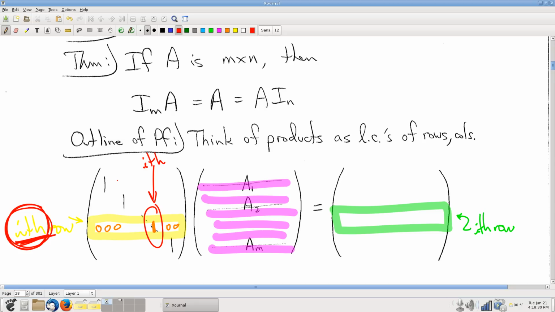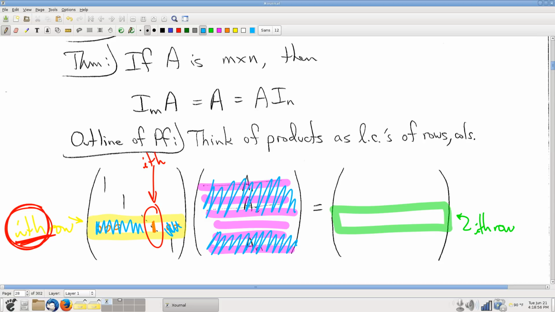Okay. All right, so let's remind ourselves what we have then is this linear combination of those rows, but we've just agreed that all of the terms go away except for one of them.